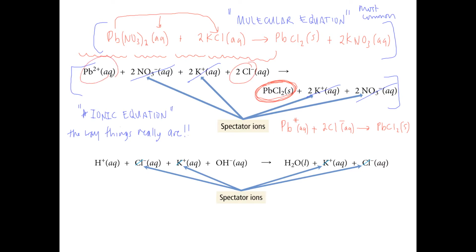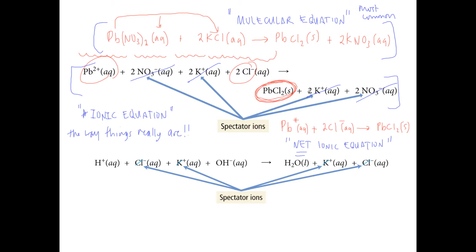Do you see that? And this now is called, and we need this term, back to blue, it is called the net ionic equation. Okay? And it's called that because that contains all the information, the stuff that really happens.